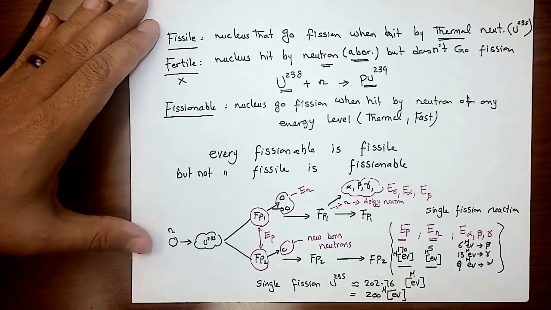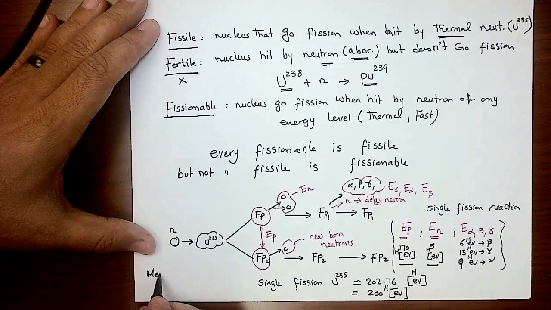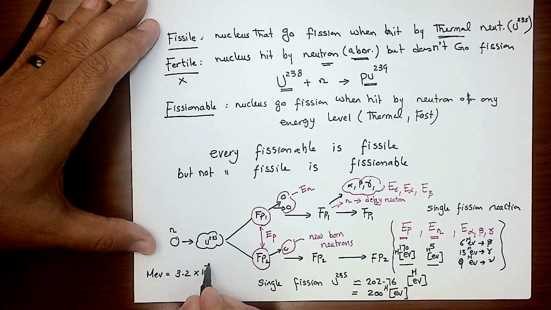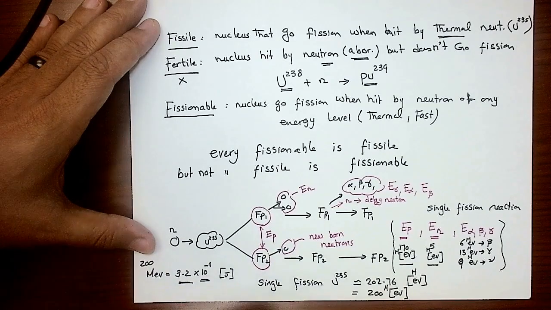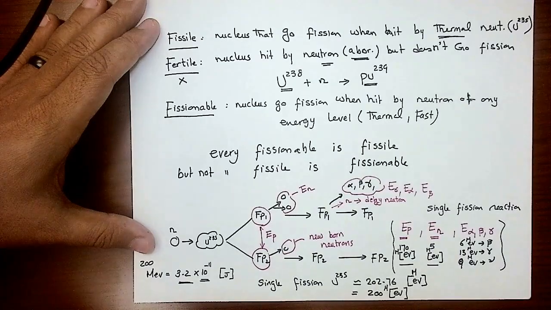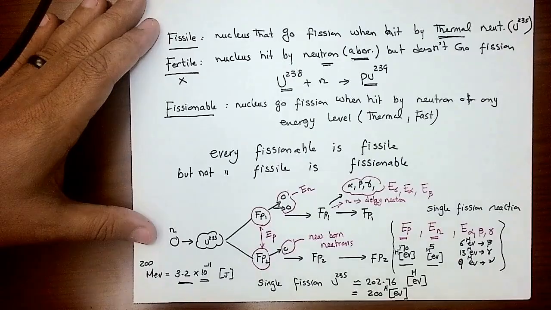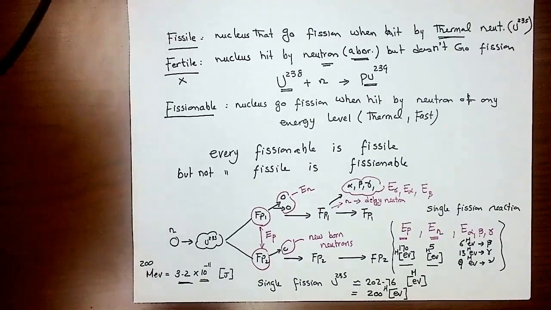And by the way, you can convert MeV: it's equal to 3.2 times 10 to the minus 11 joule. Just in case you want a sense of how much 200 MeV actually is. So one fission reaction of uranium-235 produces 200 MeV, or about 3.2 times 10 to the minus 11 joule.